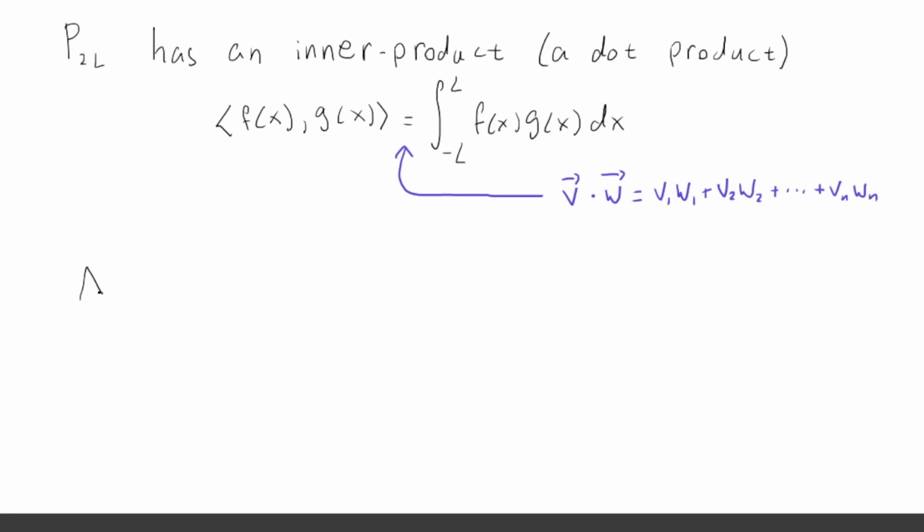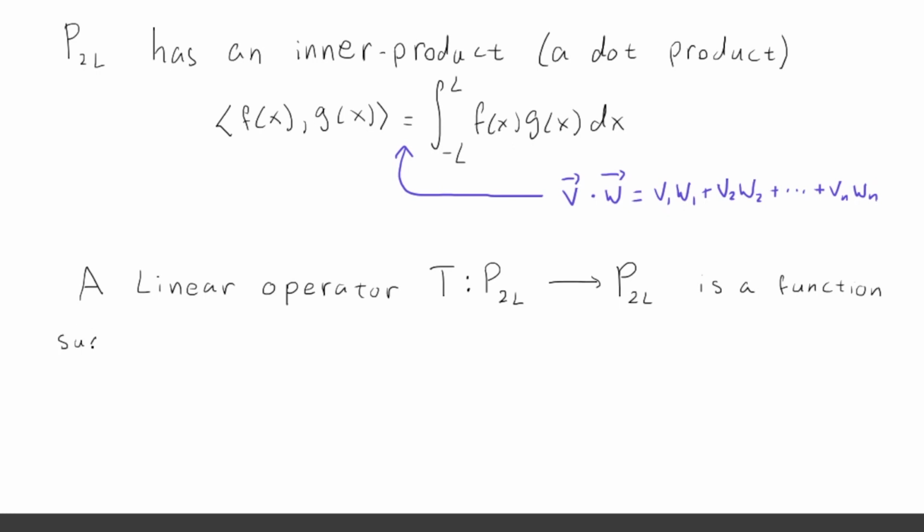A linear operator, I'm going to call it T, from P2L to P2L, is defined just like before, is a function such that it respects the addition and the scalar multiplication.